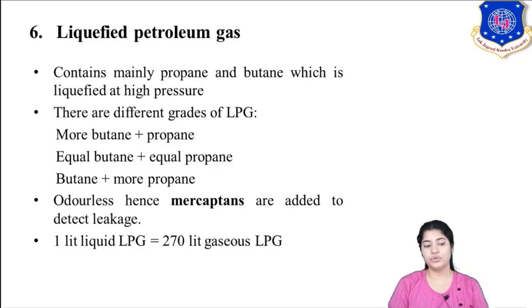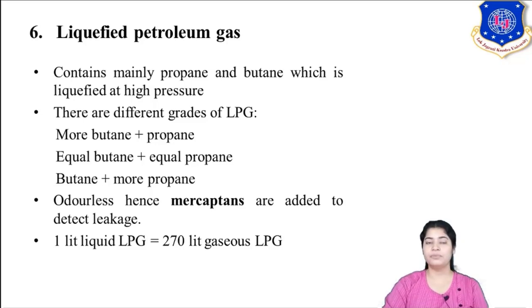A very important note here: see the expansion coefficient of this gas, how this gas can expand. 1 liter of liquid LPG can expand up to 270 liters. So if there is a leakage of 1 liter of liquid LPG from the cylinder, it will cover a volume of 270 liters in the vapor phase.